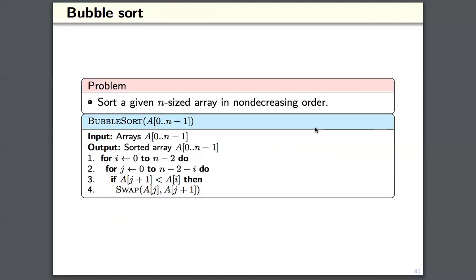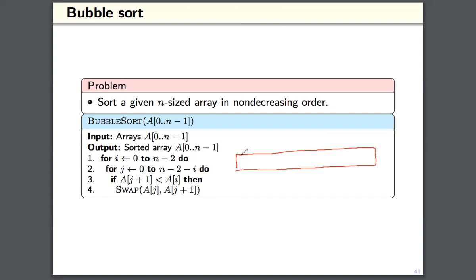Okay, next. I will not cover bubble sort and selection sort. These are very simple algorithms that you can read yourself. I will just give you a high-level idea. What do you do in bubble sort?